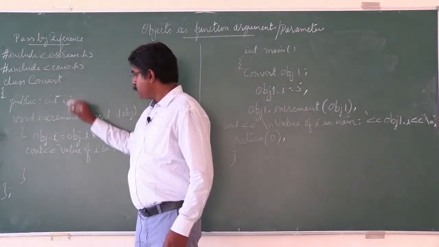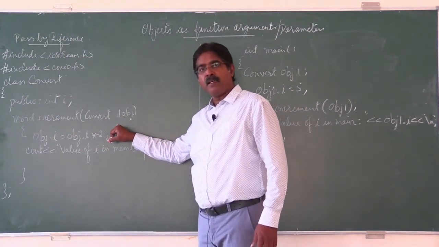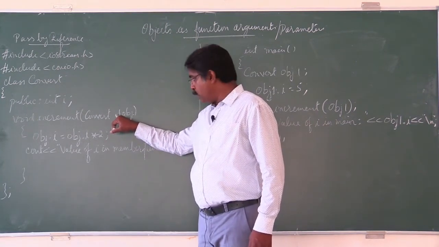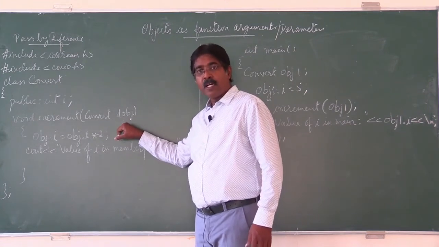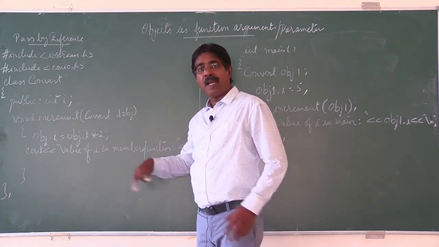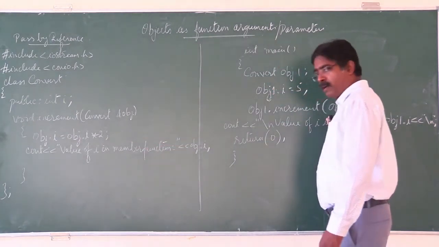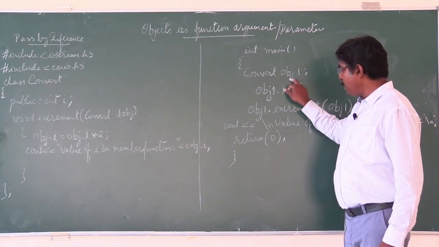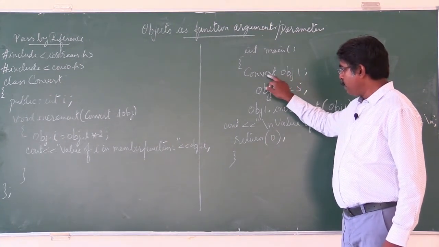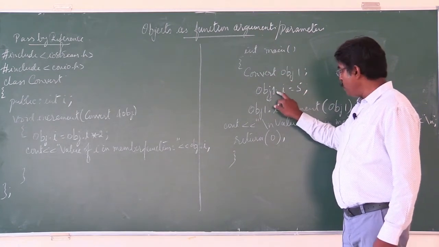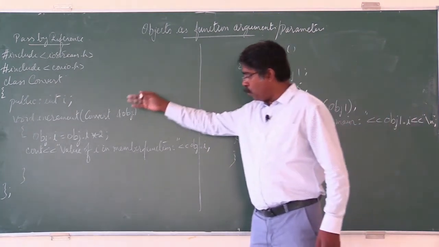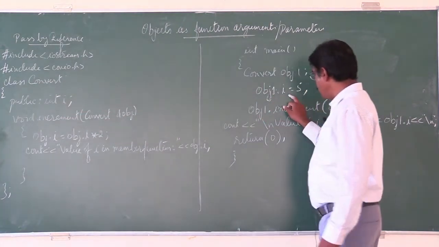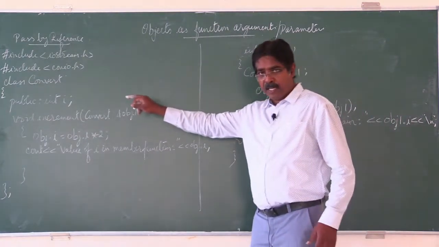In pass by reference, there is an address operator added here. Hence, the address operator added to this obj, the object, becomes the reference. Reference of whom, or alias of whom? Alias of the original. So when you go through again, obj1 is the object taken up in main function. obj1.I, this is the data member accessed because it is under public, as I said.